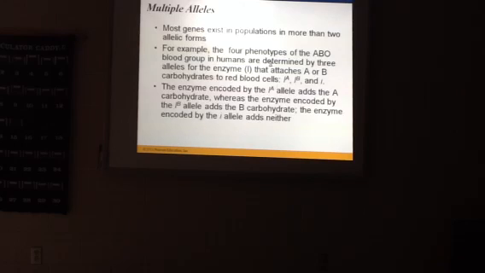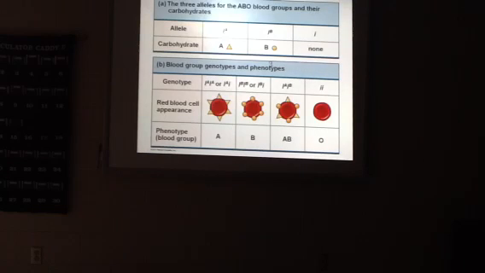The enzyme encoded by the IA allele adds the A carbohydrate, whereas the enzyme encoded by the IB allele adds the B carbohydrate. The enzyme encoded by the lowercase i allele, the recessive, doesn't add either one. So, the 3 alleles for the ABO blood groups and their carbohydrates: the IA adds the A carbohydrate, the IB, the B carbohydrate, and the recessive i, none.